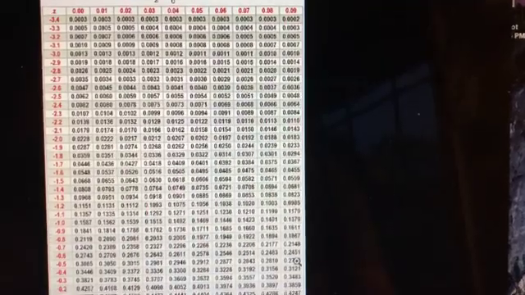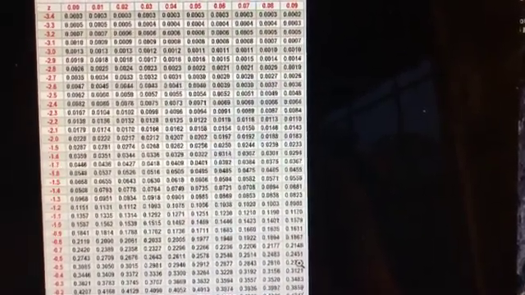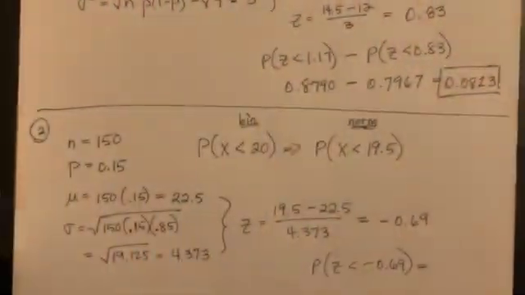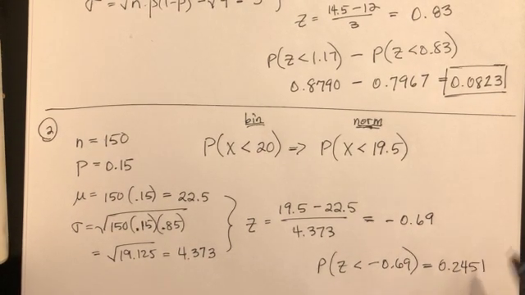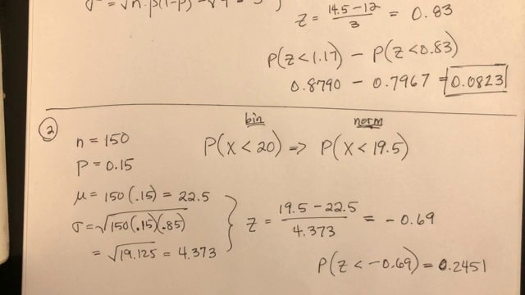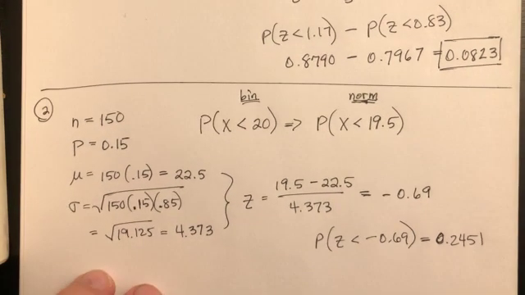Negative 0.69, go all the way to the edge, and you get 0.2451. And then I check my answer. Yep, 0.2451. Okay, so put a little box around that, I'm all done.